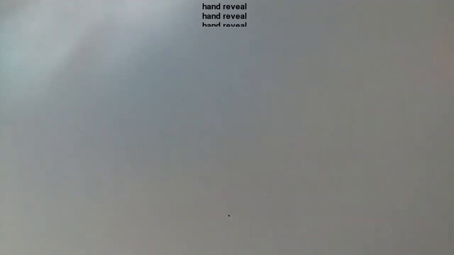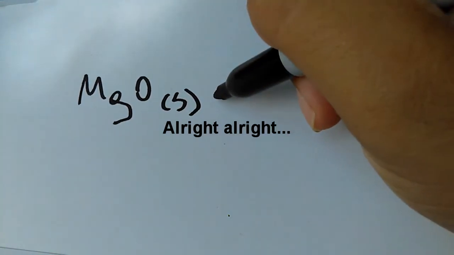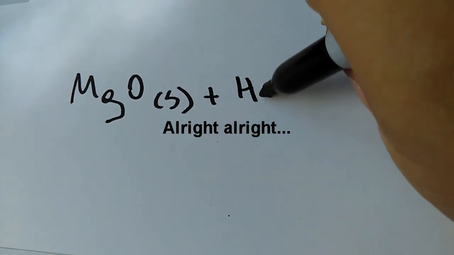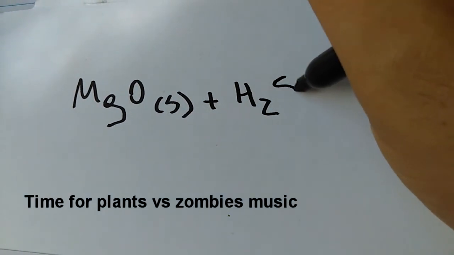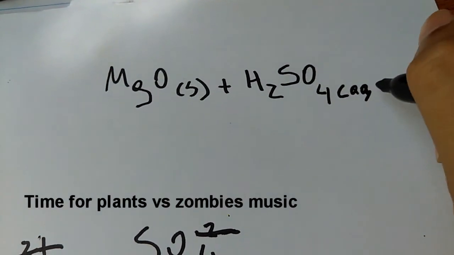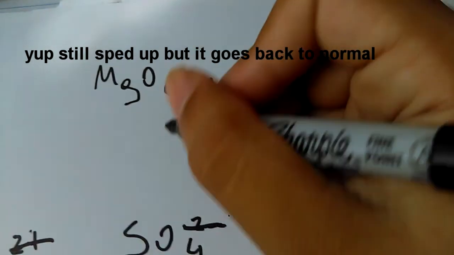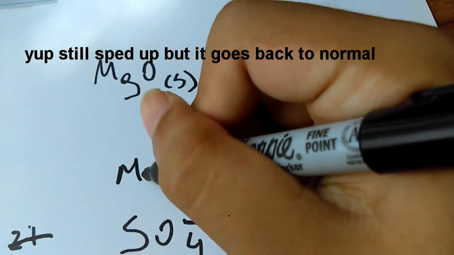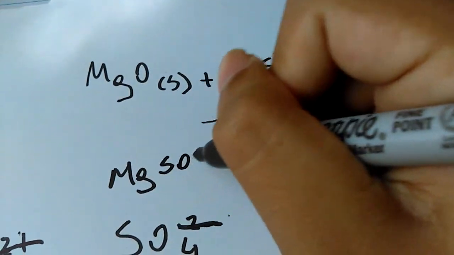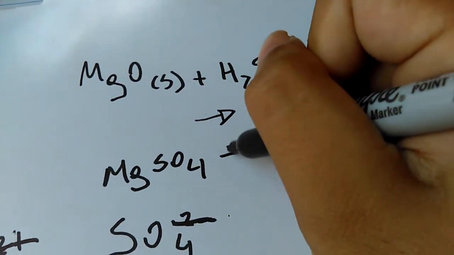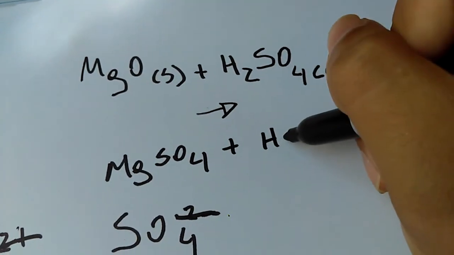So if you want to get these balanced, obviously you will have to do the equation, which is MgO, state symbol solid, plus sulfuric acid, aqueous, and then since it's making a salt, this would turn into MgSO4, magnesium sulfate, and water.